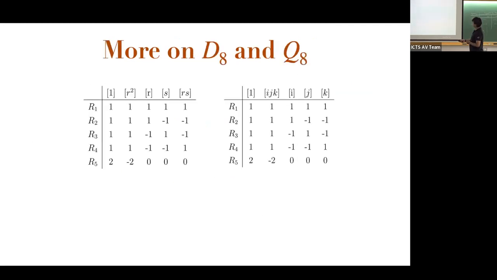Yes, so in the character table, the cardinality of the group can be obtained by summing over the dimensions of the representations. We have this unique row which has just positive entries, which is telling us the dimension of the representations. You take the squares of elements in this column and sum over that, and you get 8 in either case.